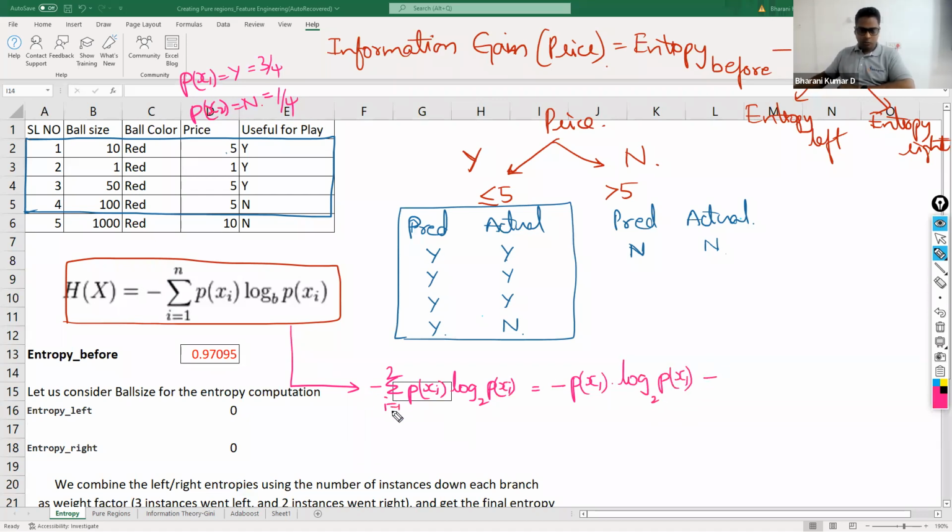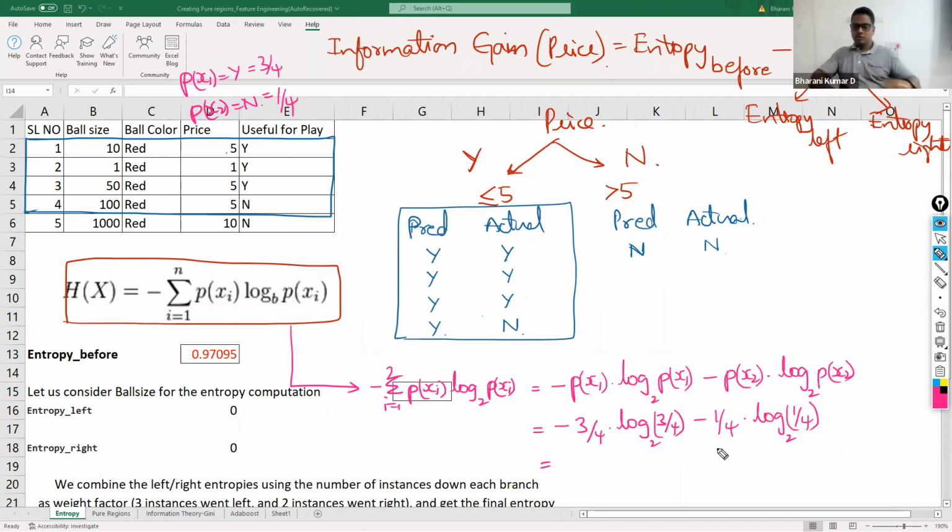Again, minus, when you substitute i equal to 2, you get probability of x2 into log of probability of x2 base 2. Probability of x1 is 3 by 4. So you get minus 3 by 4 into log of 3 by 4 base 2 minus, x2 is 1 by 4, into log of 1 by 4 base 2.